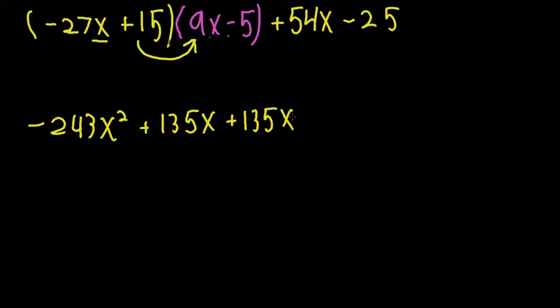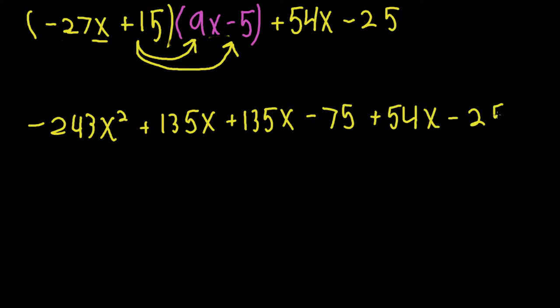Then I have positive 15 times negative 5, which will get me negative 75. I still have my plus 54x minus 25. From here, all I have to do is combine like terms.